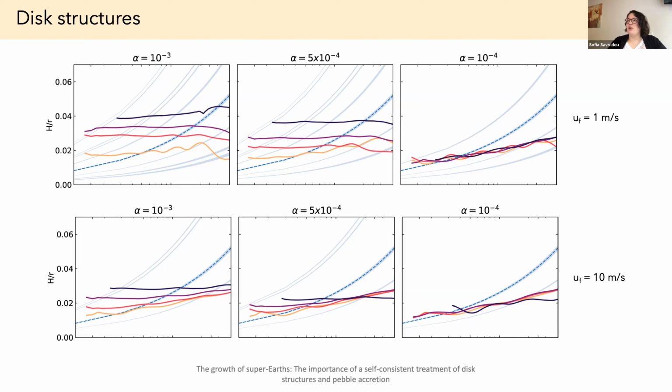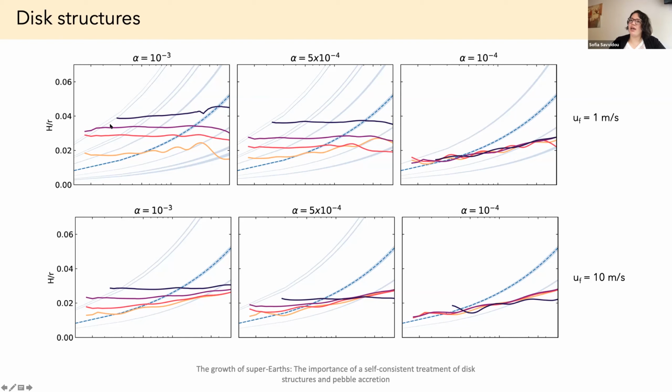But the important thing here, what we can already see, is that the aspect ratios are basically almost flat for all of the different models that we have here. And this has important implications in the peas in a pod scheme that I showed earlier, because as I will show you in the next slide, the pebble isolation masses are a direct link to this aspect ratio.